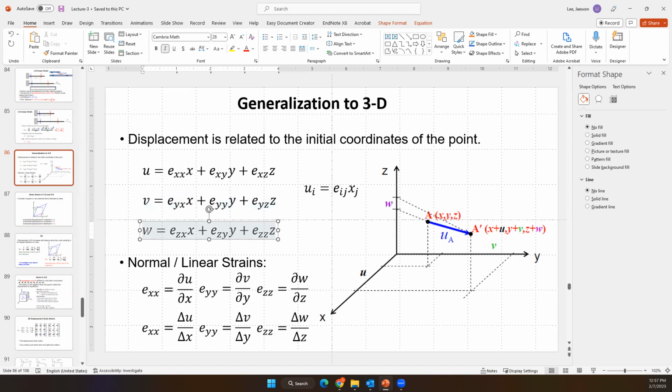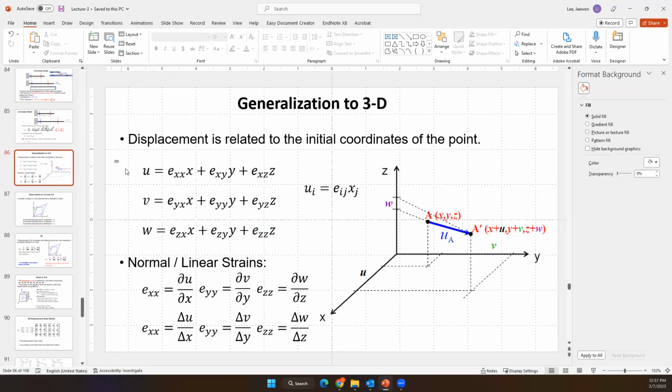W is the Z direction deformation, and it is also related to the X, Y, and Z direction forces.